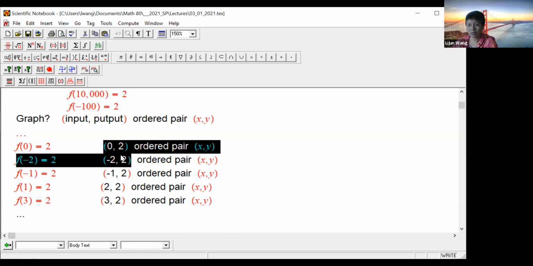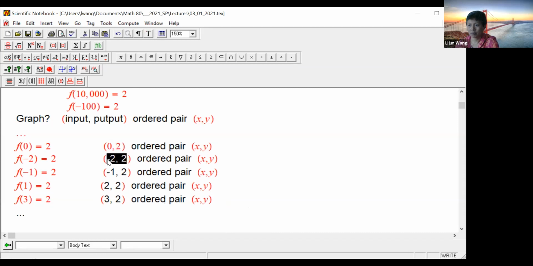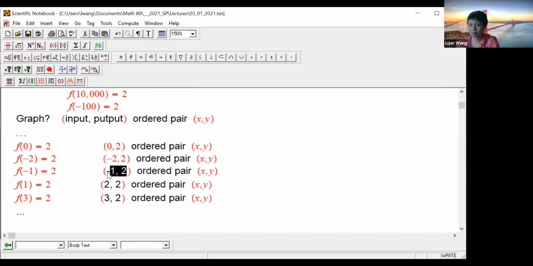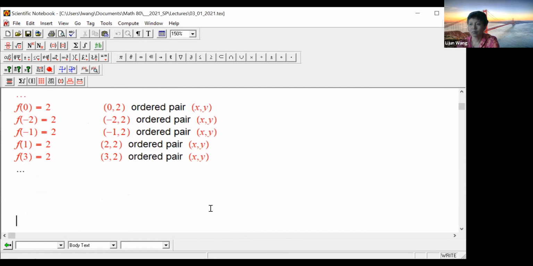Can you guys plot these points for me in a rectangular system and see for yourself? Do you guys know how to set up a rectangular system?